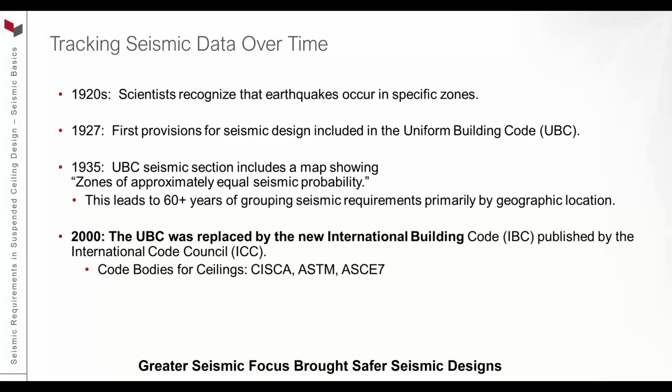And so in 1927, the UBC, which is the Uniform Building Code, put in some of their first provisions for seismic design. And then in 1935, UBC included a map. This is the geological areas or the geographical areas that we see more and less seismic events in. And so that helps us understand how to build and where to build.